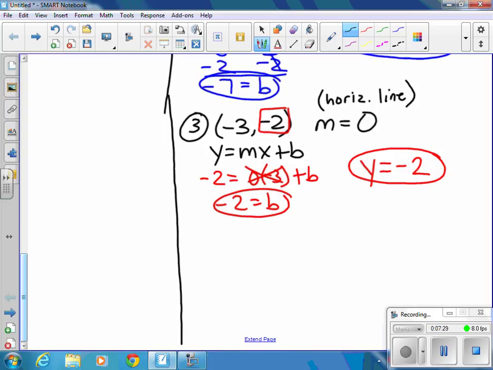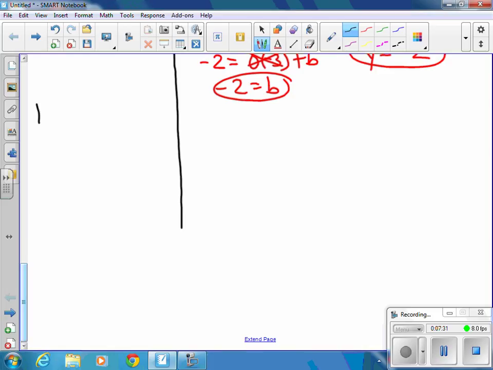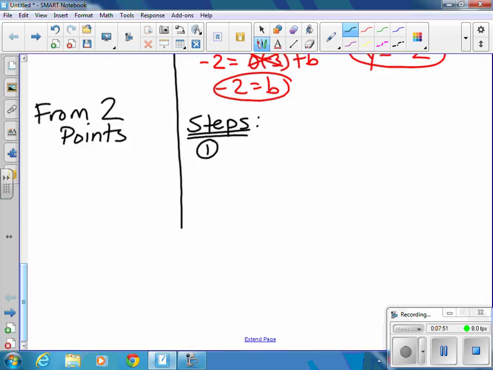All right, the last part that we'll have to do deals with coming up with an equation when you are given 2 ordered pairs. Right? And when they give you 2 ordered pairs, they're giving you nothing. You don't know the m, you don't know the b, you have to start from scratch with everything. So the steps behind this, and this does take the most work, but you've got to know all the steps in order to get there, is the first thing you must do is find the slope.